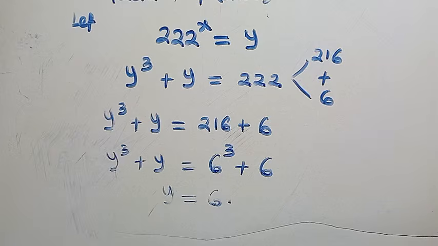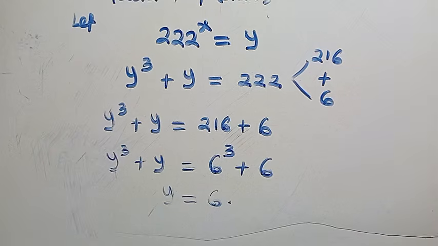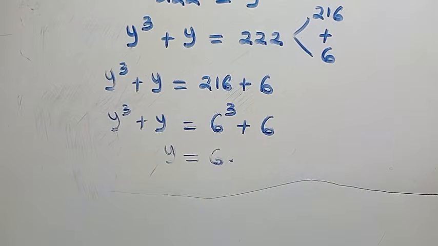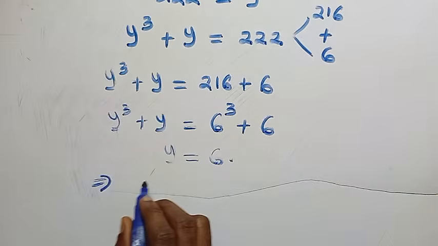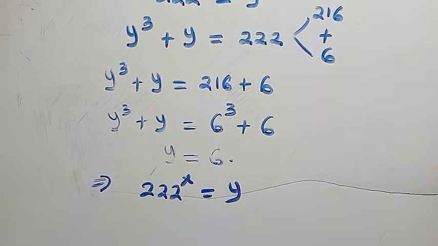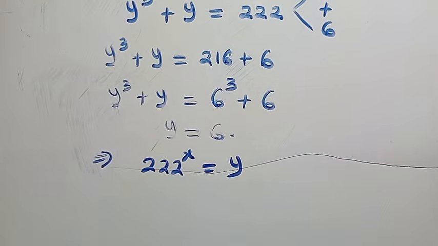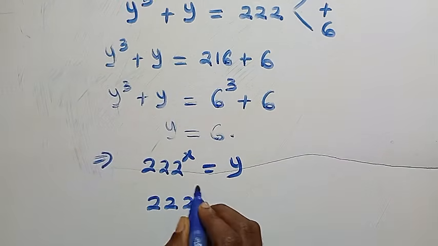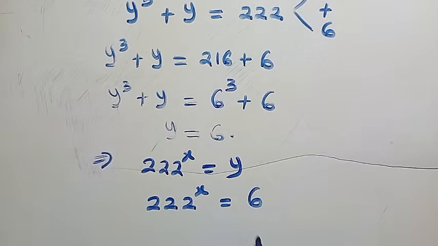And if y equals 6, then let's recall, since we need x, that we let 2^2 to the power x equal y. Then I'm going to replace y with 6. We have 2^2 to the power x equals 6.